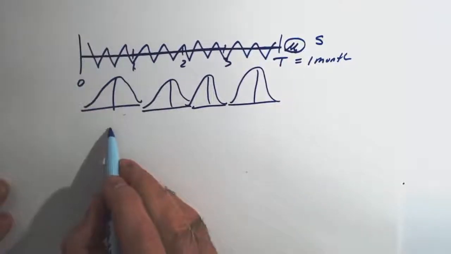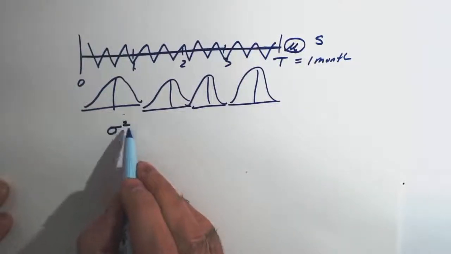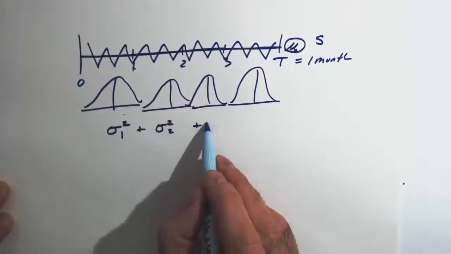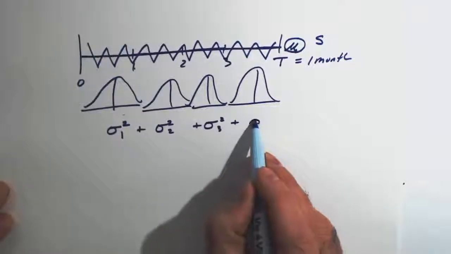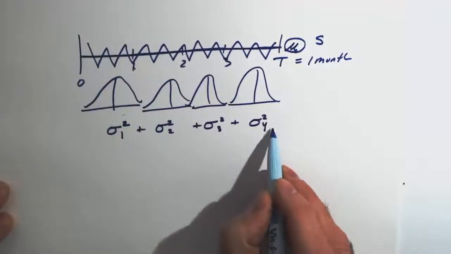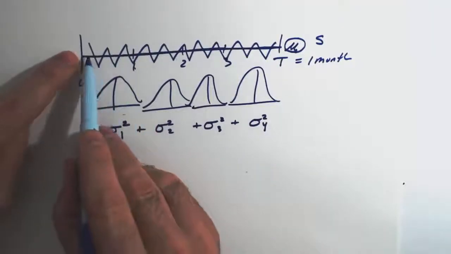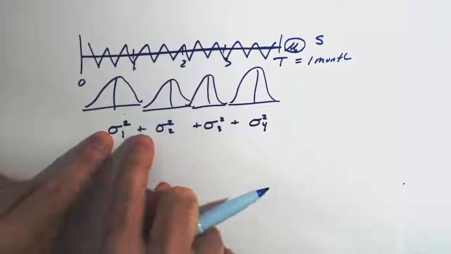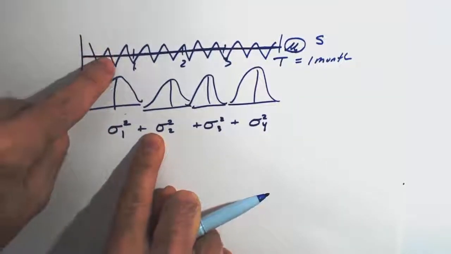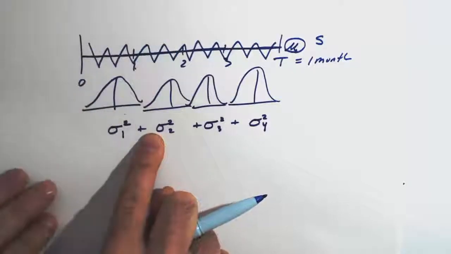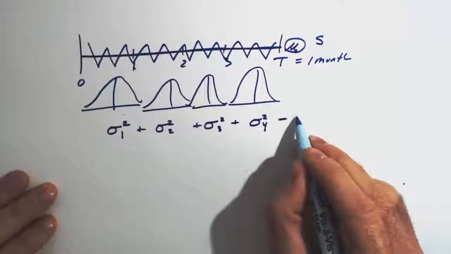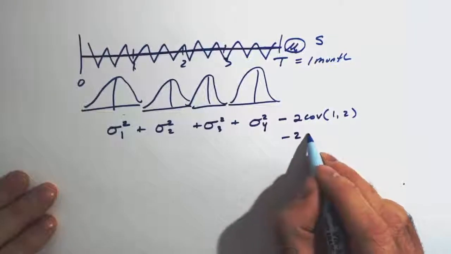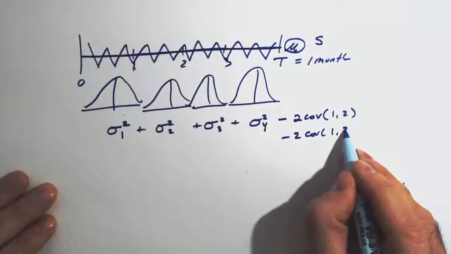And so you can model that mathematically, you can say, look, it's the variance of week 1 plus the variance of week 2 plus the variance of week 3 plus the variance of week 4, right? And what I'm getting at is I'm trying to calculate the variance for this whole time frame. So you have these variances, but they're not independent, because when you tend to be below average here, you're going to be above average here, and so on. So then you have to subtract off the covariances between week 1 and week 2, and the covariance between week 1 and week 3, and so on.